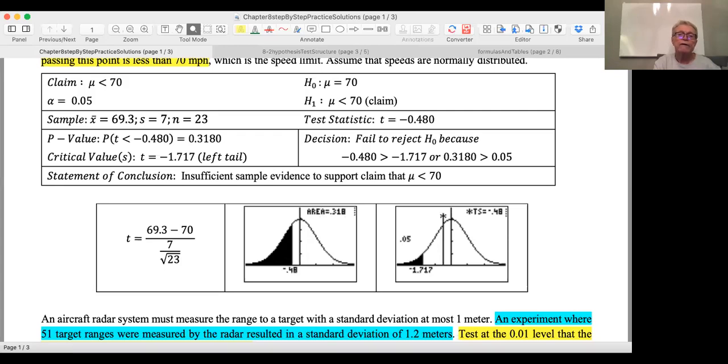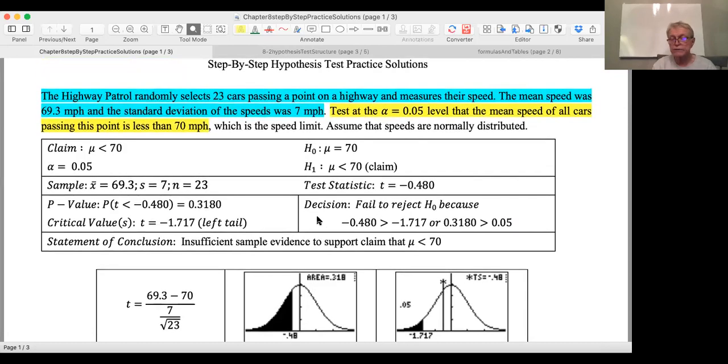We compare the p-value to alpha: if that 0.3180 is less than alpha, then we will say that the test statistic value is unlikely.